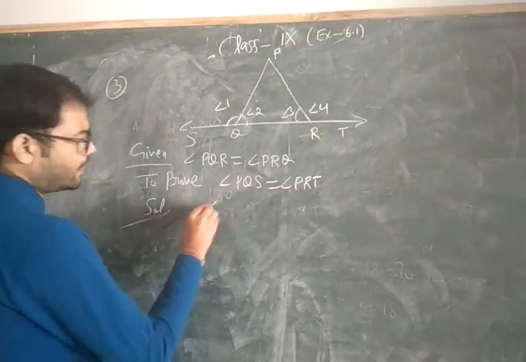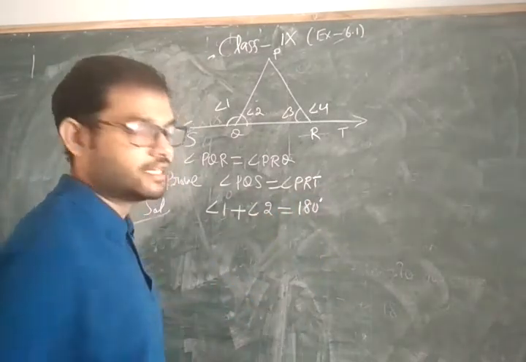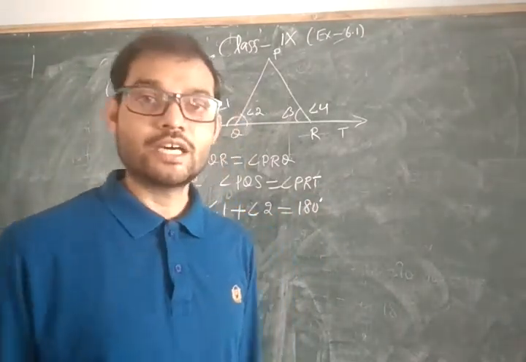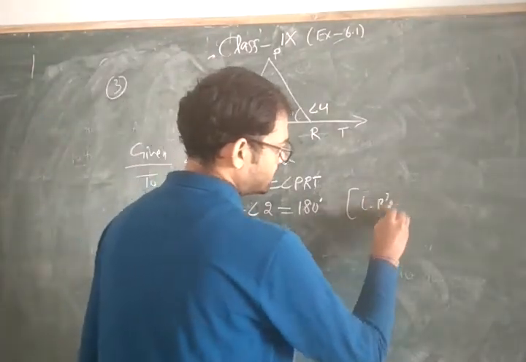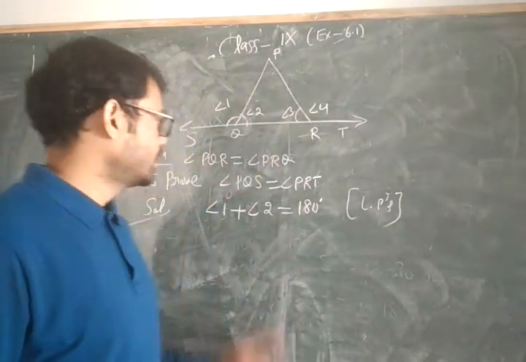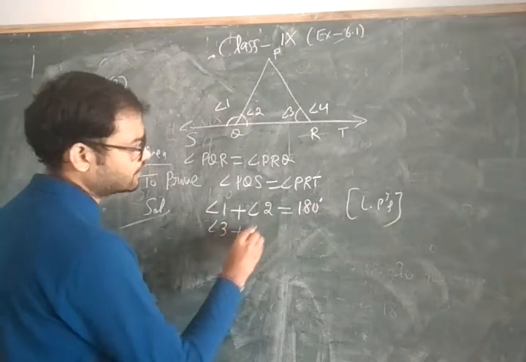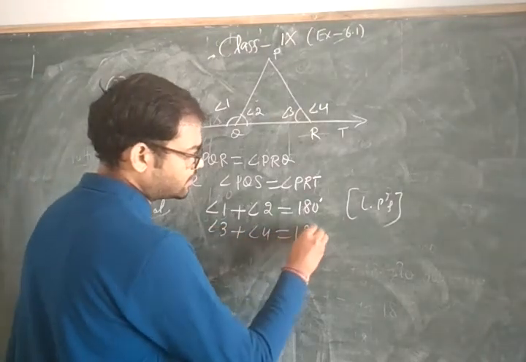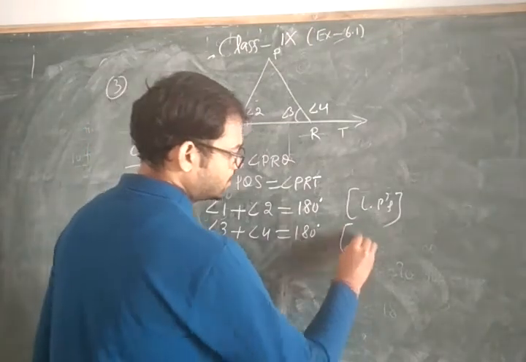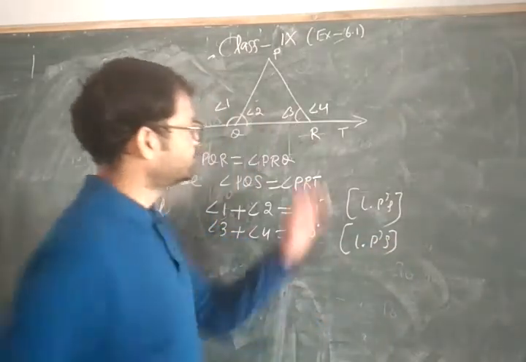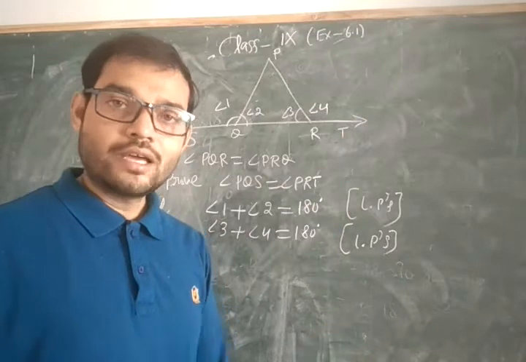So I can write here angle 1 plus angle 2 is equal to 180 degree, because these are your linear pair. And in the same way, angle 3 plus angle 4 is also equal to 180 degree. It means it is also a linear pair. As you can see, if you add these two angles, it will become a straight line.